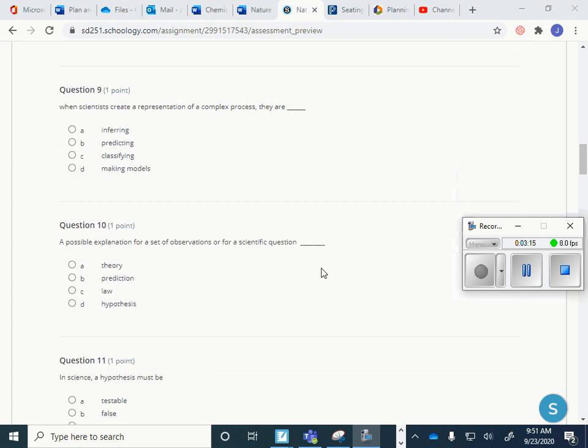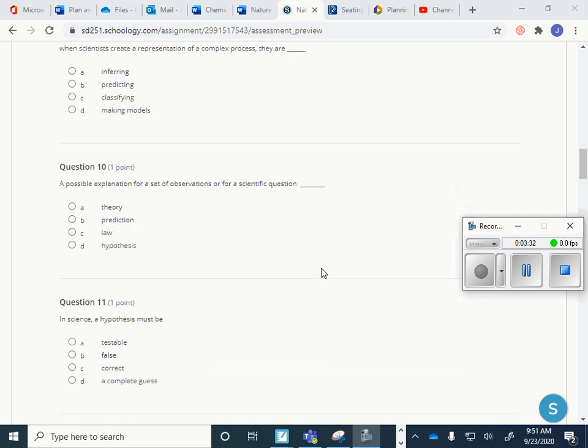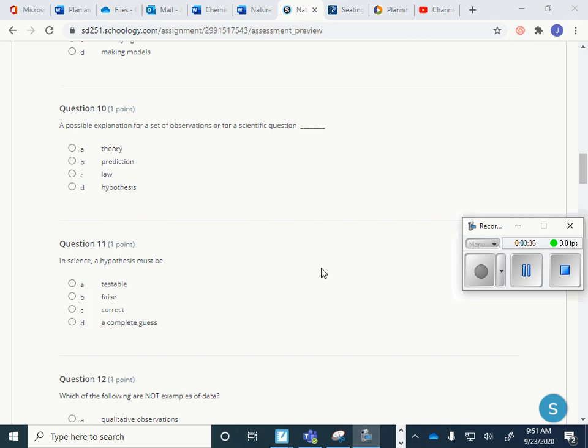Question 9. When scientists create a representation of a complex process, they are either A, inferring, B, predicting, C, classifying, or D, making models. Question 10.